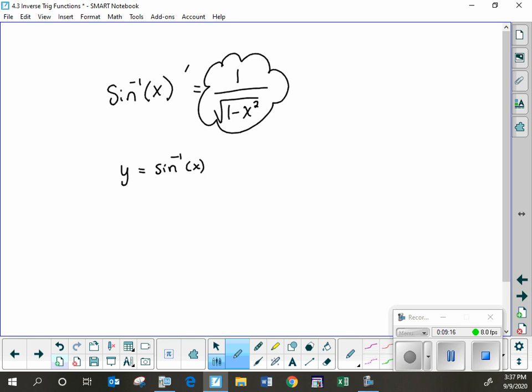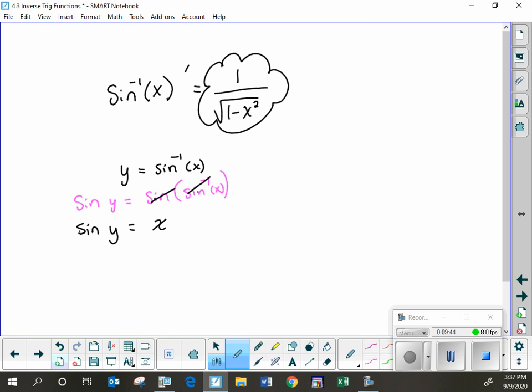Let's get rid of the sine inverse, and to do that, I'm going to apply the sine to each side. So I'd have sine of y equals sine of sine inverse of x. The left side, of course, is sine of y. The sine and sine inverse are inverse operations. They undo each other, so I get x there.